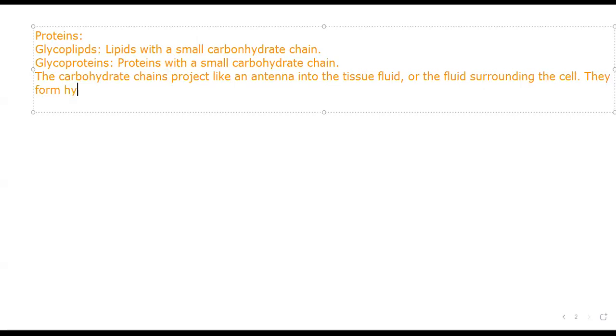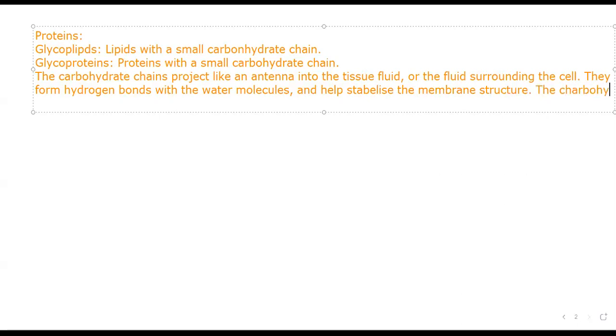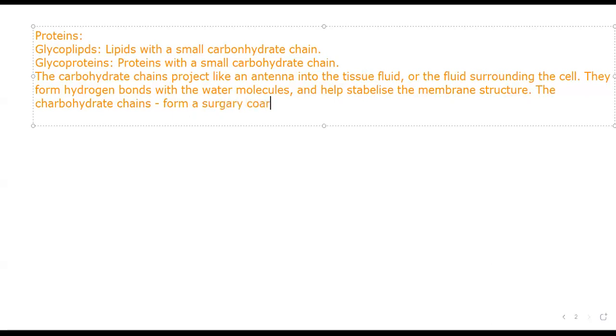They form hydrogen bonds with the water molecules and help stabilize the membrane structure. These carbohydrate chains form a sugary coating around the cell, and this sugary coating is called a glycocalyx.